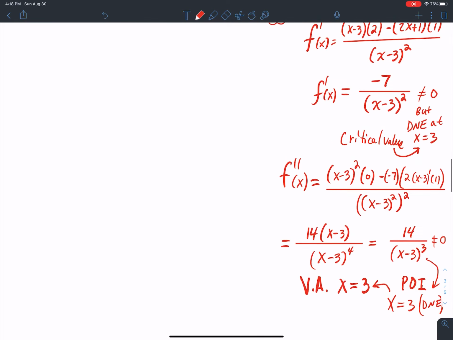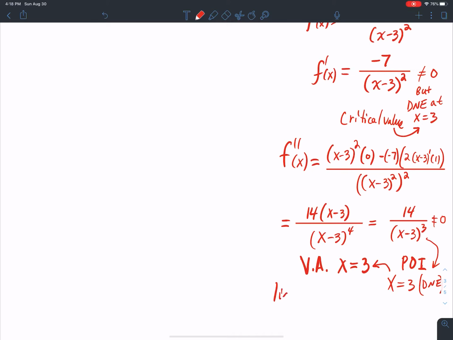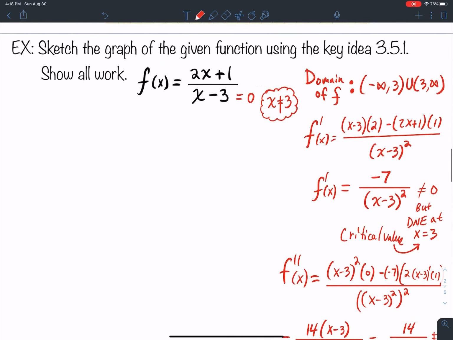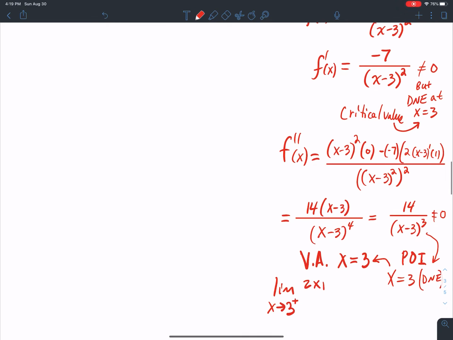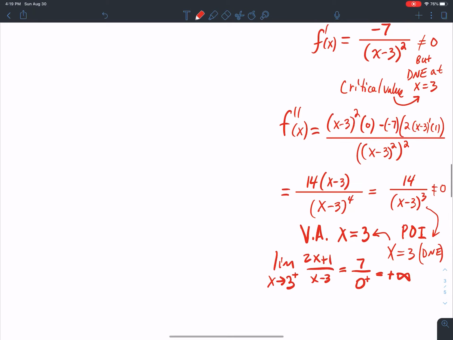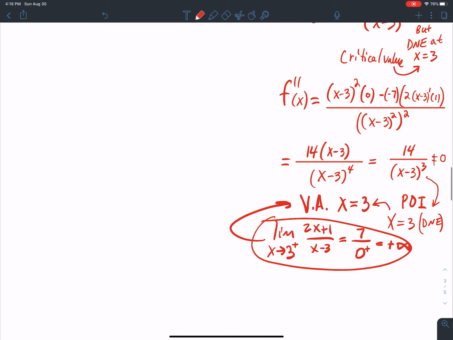If you take the limit as x goes to 3 from the right of (2x + 1) over (x - 3), this is going to get me 7 over a positive 0, which means that is positive infinity. So that tells me right there, that's the work I want to see, that that's a vertical asymptote.